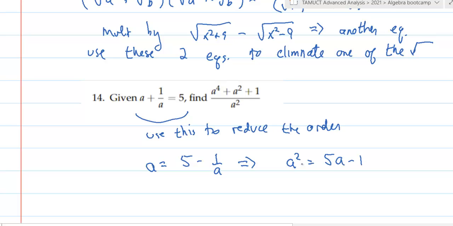Now if you take this a squared, you know that a to the fourth has an a squared in it. If you take this and plug it in here, then that a to the fourth is going to simplify, and that a squared is also going to simplify, and the denominator is also going to simplify. So you just keep plugging it in and keep reducing the order.